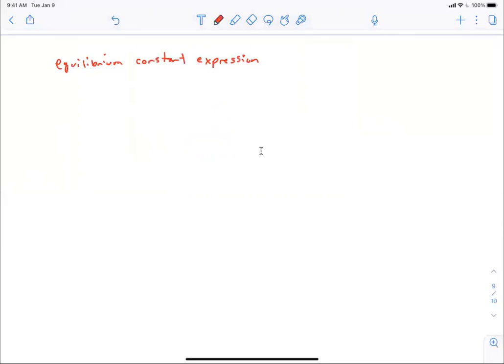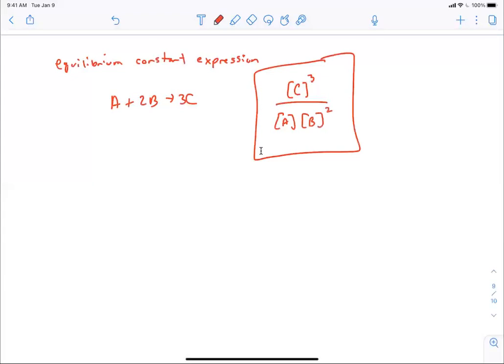So if you have something like A plus 2B yields 3C, you'll see C cubed over A times B squared. So the coefficients become the exponents, and that is what they're asking for when they ask you for the expression. Nothing more, nothing less than that. I guess you could write K equals in there, but that is products over reactants, with their coefficients being their exponents.